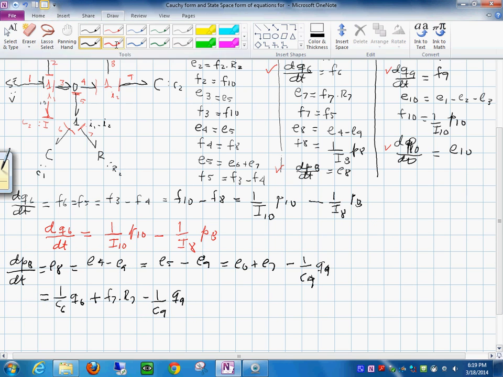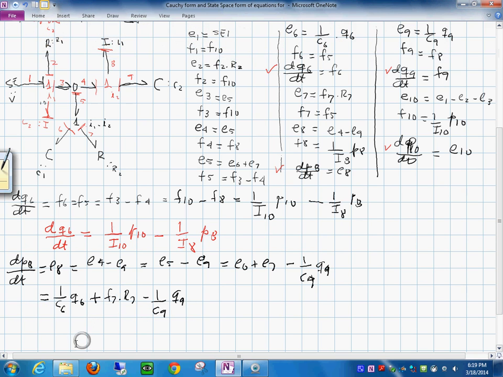Yeah. So this is the other equation that we have. The equation that we have now, you know, this F7 is still missing, is dP sub A dt is equal to 1 over C6 Q sub 6 plus, what's F7? F7 is F5, but F5 is F3 minus F4. You could calculate F sub 7 separately here because it's to our advantage to do that.